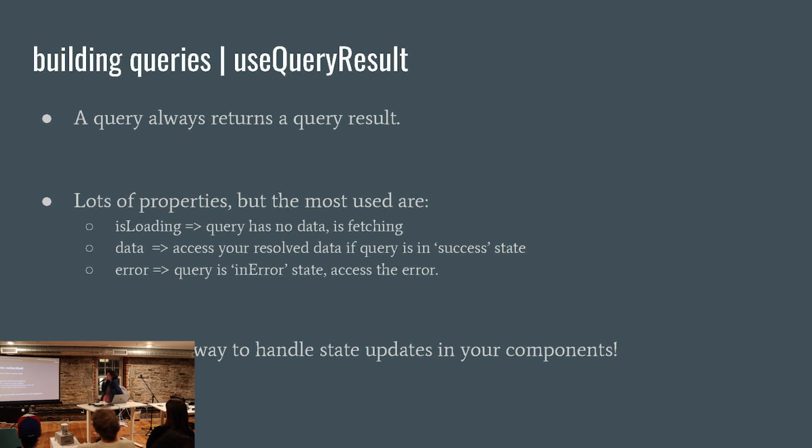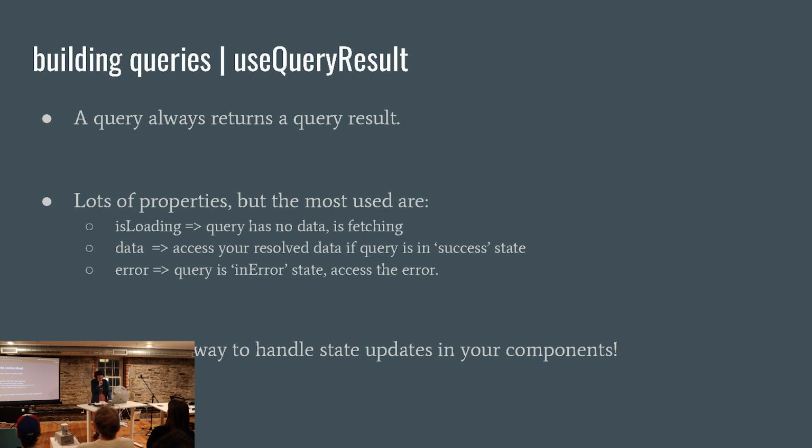So pieces of the query result are something like isLoading, data, and error. So these come from React Query. So when you use useQuery, parameters like this will be returned. So isLoading, it's currently fetching the data. Data, obviously you have access to it, and error if it's in an error state.